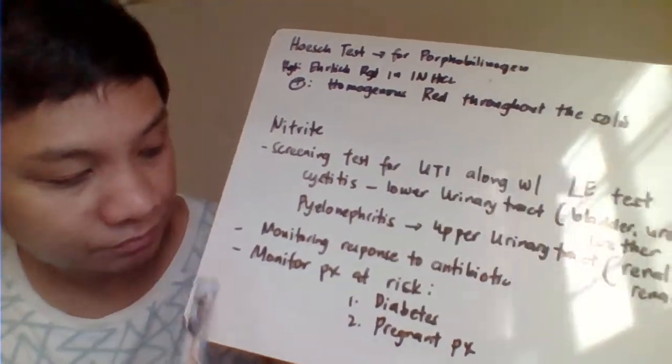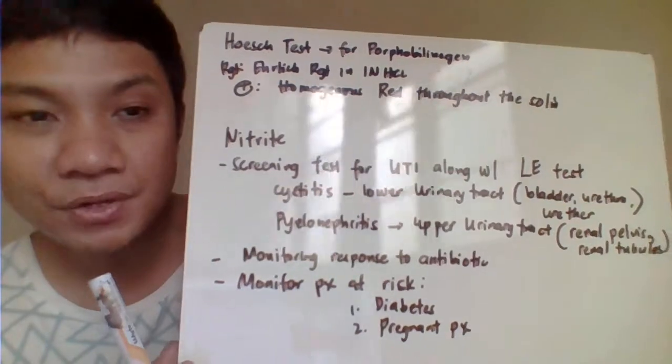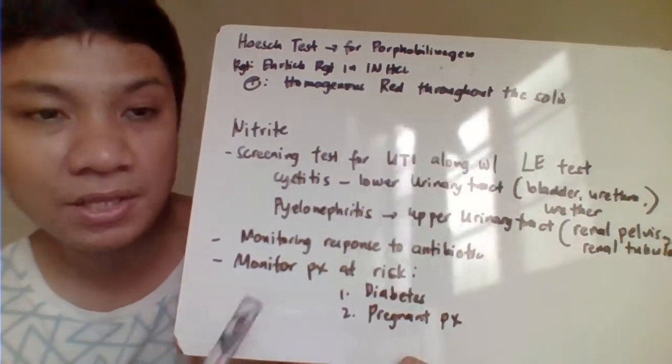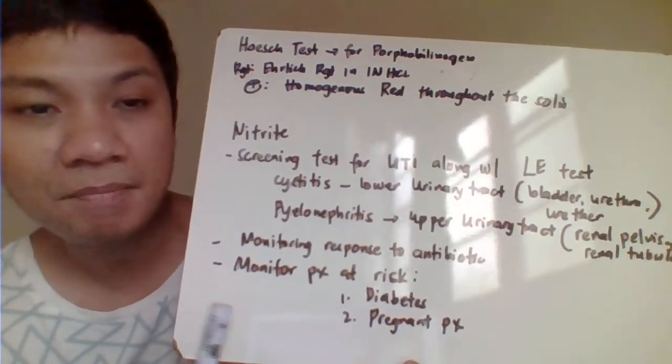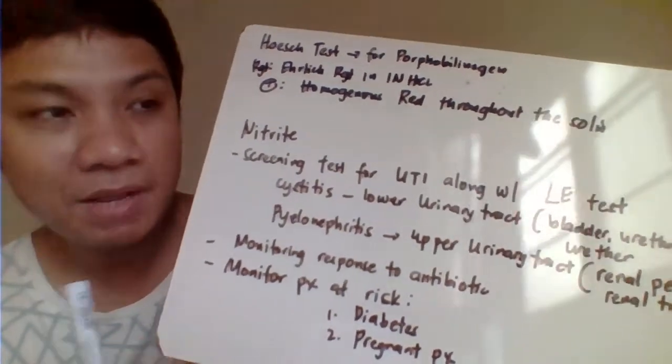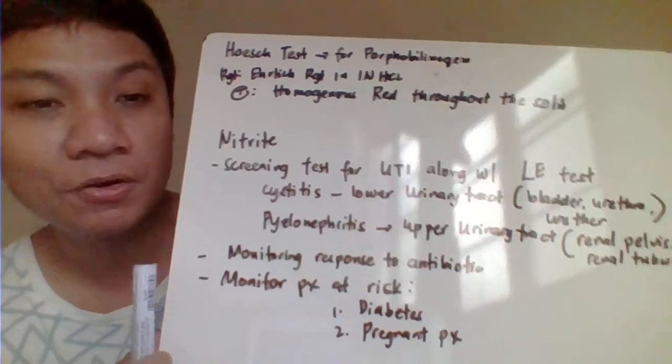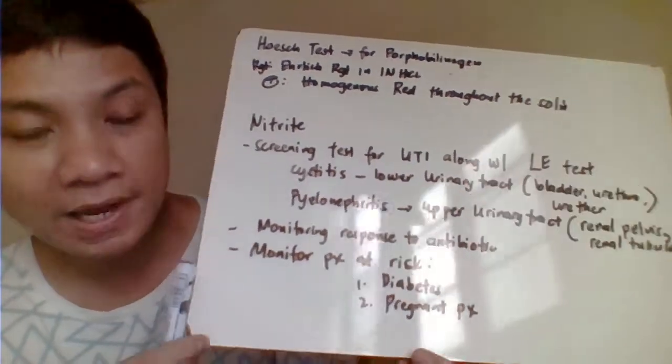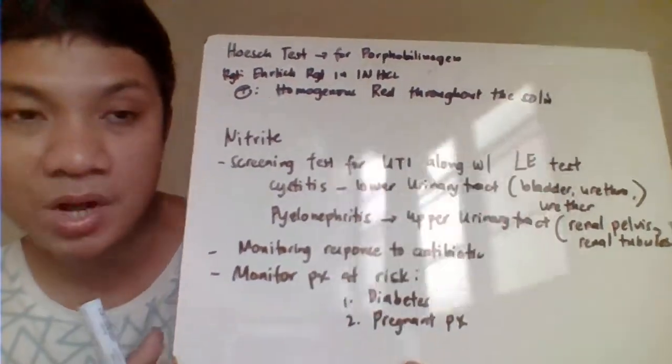This test is also used to monitor patients on antibiotic therapy. Like my UTI patient, who was given medication, then eventually you test for nitrite again to see if the patient is okay or not. That would allow you to check if the patient is responding to the treatment.